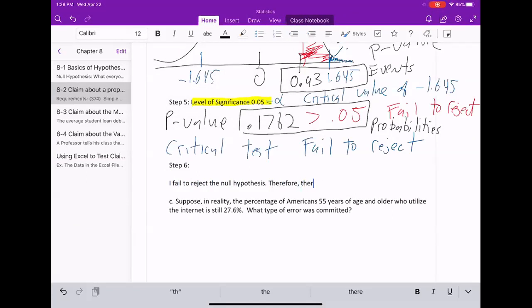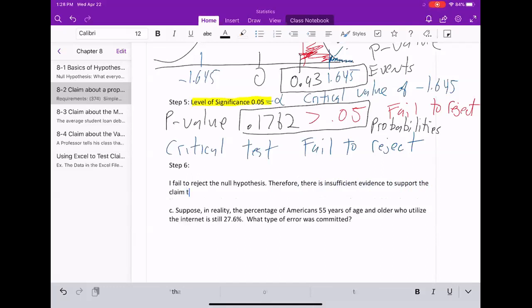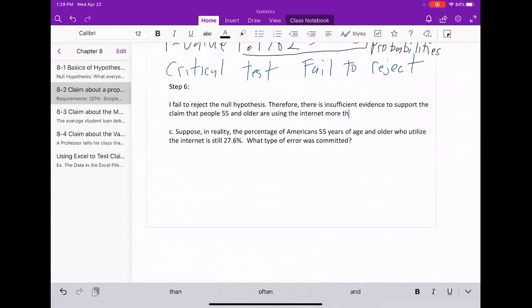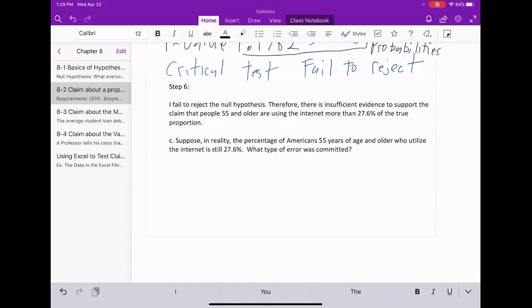Therefore, there is insufficient evidence to support the claim that people 55 and older are using the internet more than 27.6% of the true proportion. So I write it back to what the original problem was.